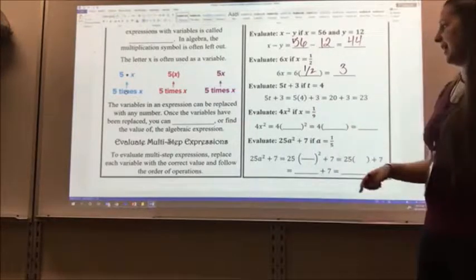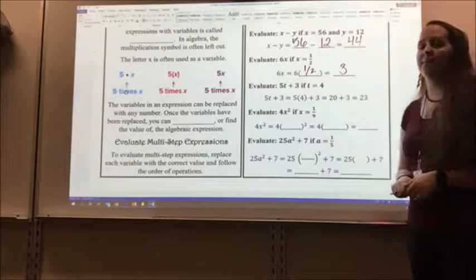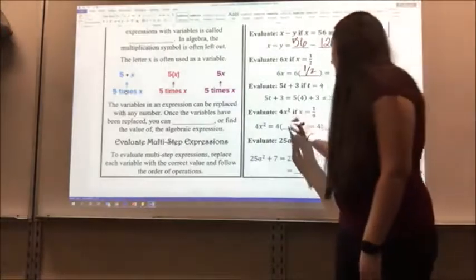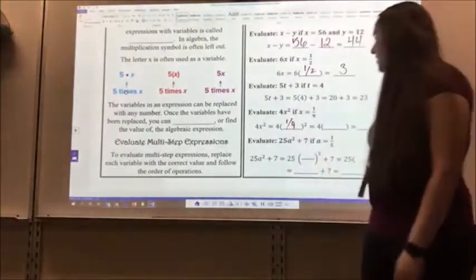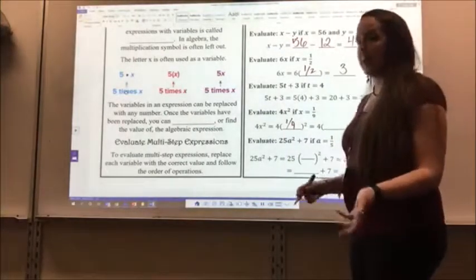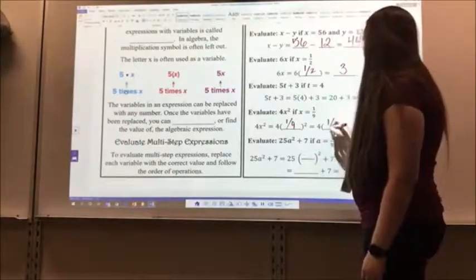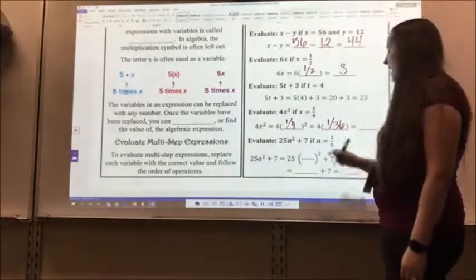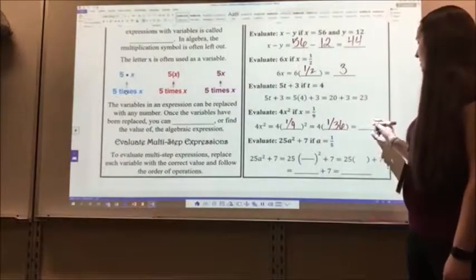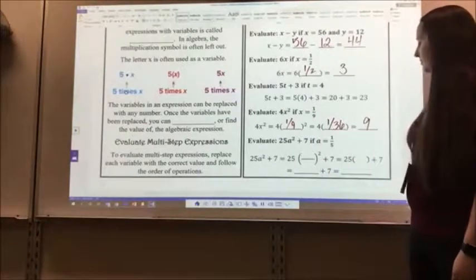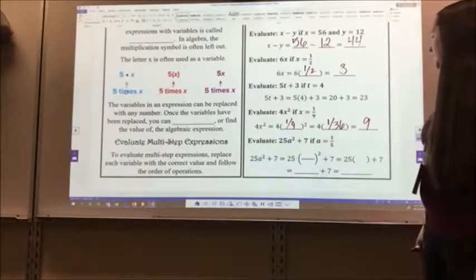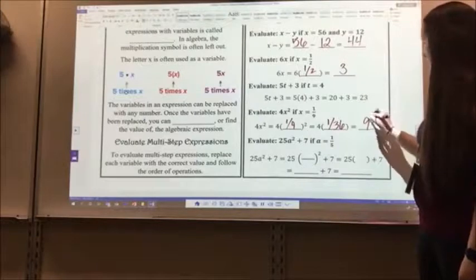I do the same thing for the next one, evaluate 4x squared if x equals 1/9. I substitute in 1/9 for x. 1/9 squared is like saying 1/9 times 1/9, which is 1/81. And then I multiply 4 times 1/81. 4 times 1 is 4, divided by 81 is 4/81.